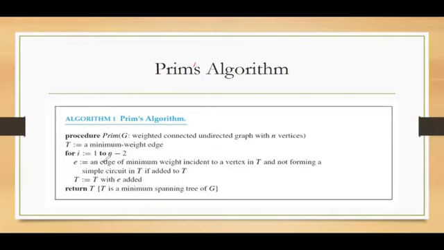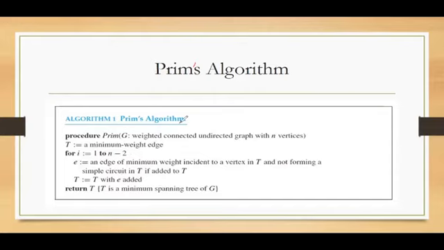Now, what you are supposed to do is add an edge of minimum weight incident to a vertex in T. We have to select an edge which is incident to one of those 2 vertices and add it, and we should make sure that it should not form a simple circuit. So E is added to T, and at the end you have to keep on repeating this till you cover all the vertices and the minimum spanning tree is formed.